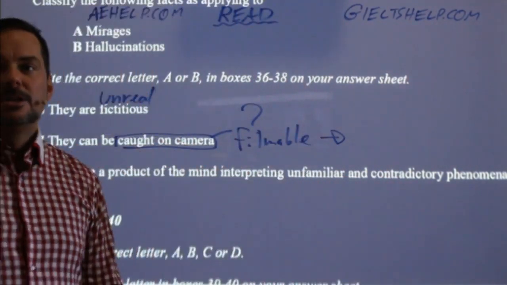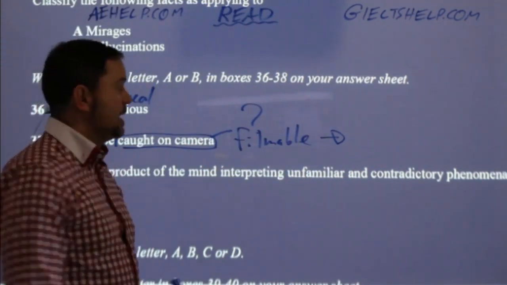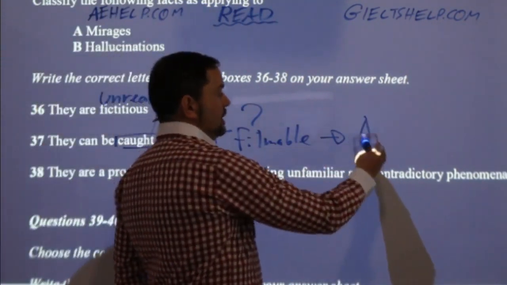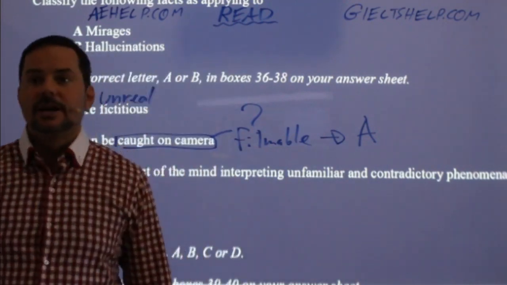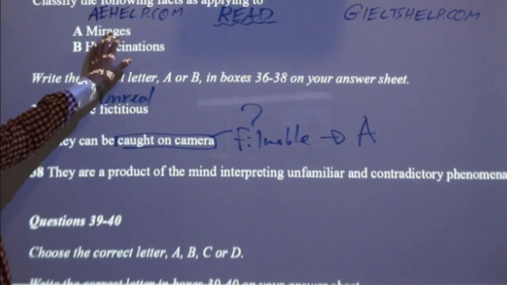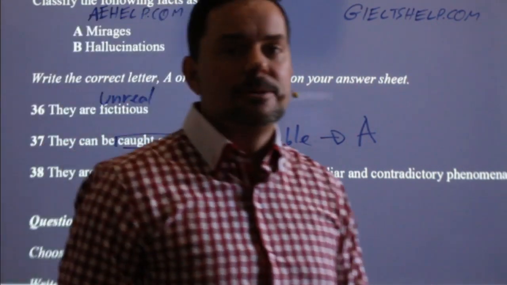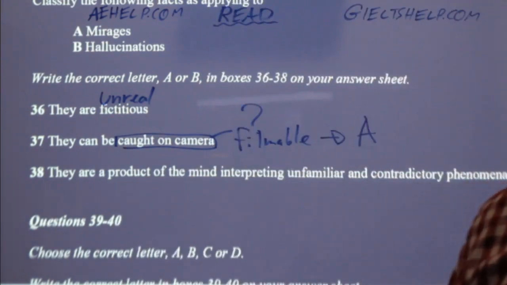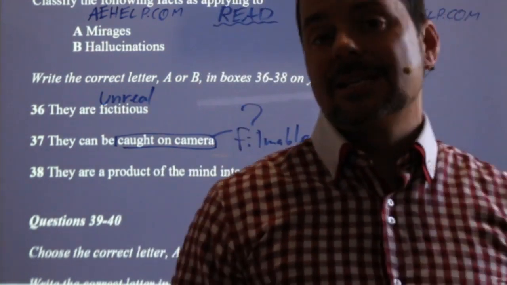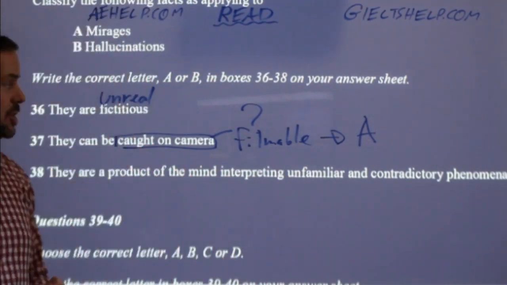Okay? So many of you are saying that's got to be a mirage. Yeah. So A, not B. Careful, Yextan, not B. If I can catch it on camera, it's probably a mirage and not a hallucination because this passage is about mirages, and one of the list of headings says that it's filmable. So it's very likely a mirage, right?